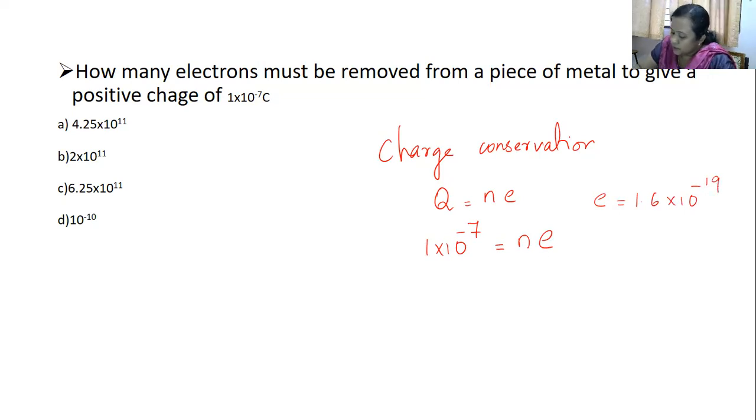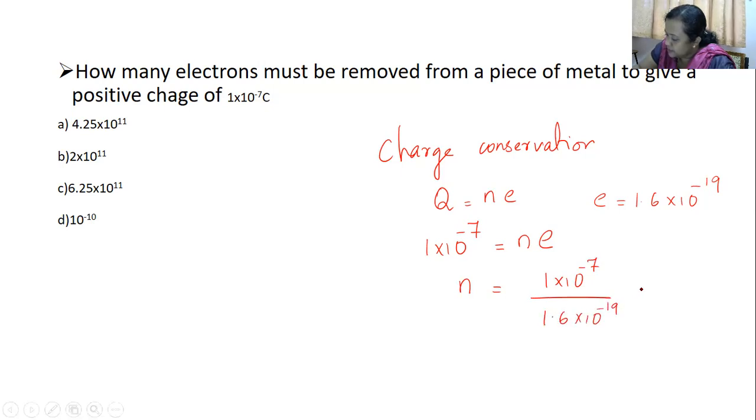So the number of electrons that must be removed from this piece of metal is n is equal to 1 into 10 raised to minus 7 divided by 1.6 into 10 raised to minus 19. That becomes 1 divided by 1.6, and this 10 raised to minus 19 will move to the upper side.